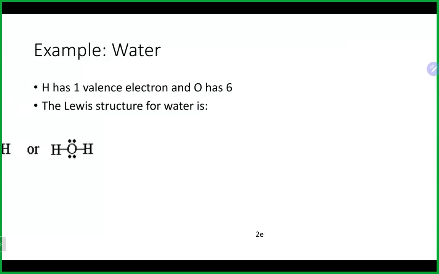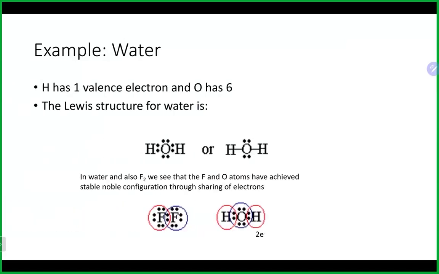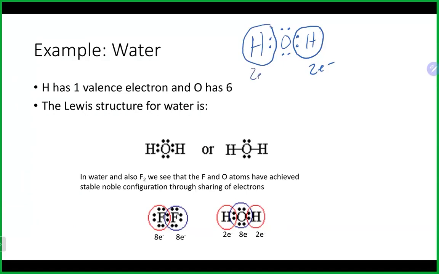Now, if we take a look at another example of this, water. And water here, by sharing electrons, as you can see in that picture, I'll draw it up a little bit higher, with the 2 hydrogens, will allow the hydrogen here to end up with 2 valence electrons. This hydrogen on the left will also end up with 2 valence electrons as it shares with the oxygen.